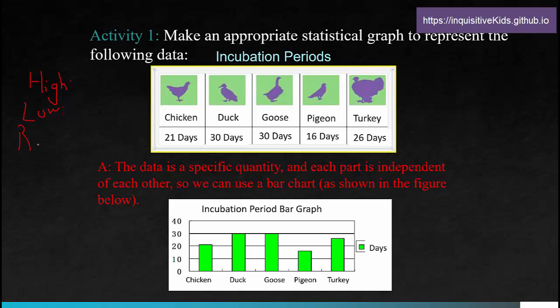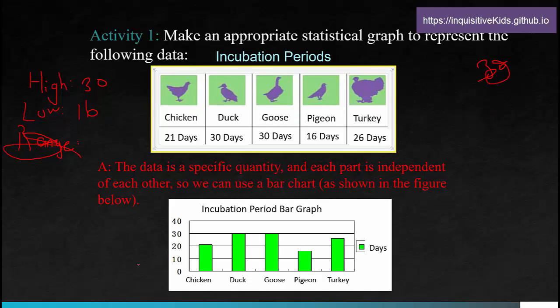Remember, the range is the difference between the highest value and the lowest. Then we would find the highest value. Here is 30 days. The lowest value, that is 16 days. Well, we don't have to find the range right now because it's not a frequency table.